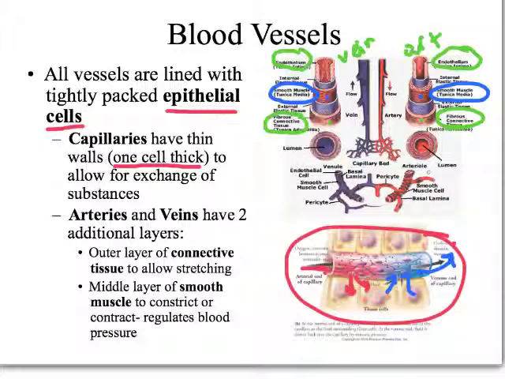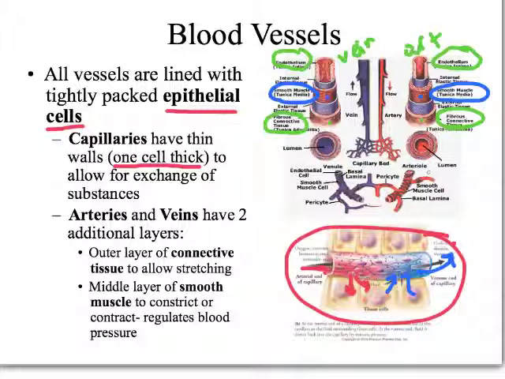The outer layer of connective tissue is basically going to allow for stretching and contracting of the arteries and veins. And the middle layer is going to be responsible for the constricting or contracting of the arteries and veins. And the reason why they need to be able to constrict and contract is to regulate blood pressure.